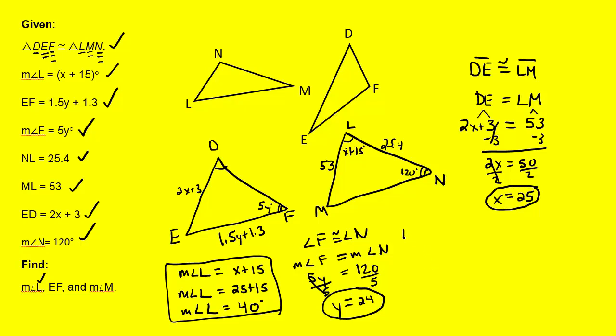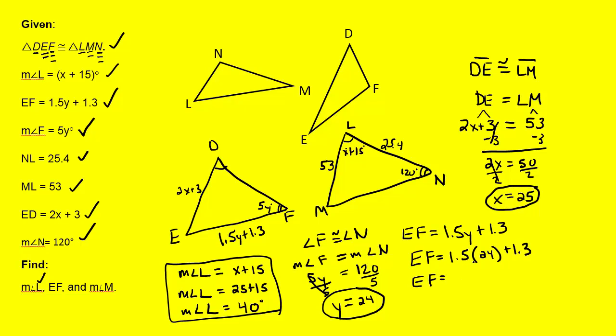So EF, that distance, was represented by 1.5y plus 1.3. Then we get EF equals 1.5, and I substitute the value of y we found, which is 24, plus 1.3.